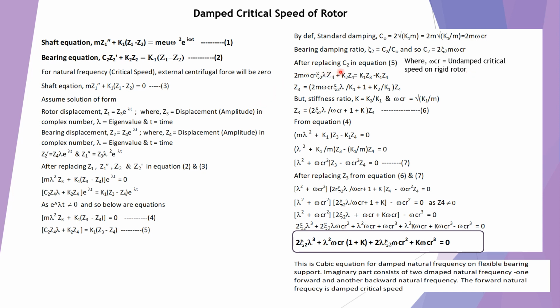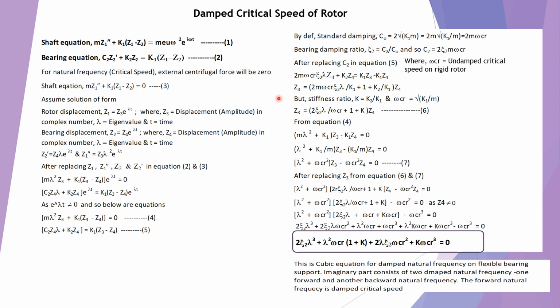After replacing, the bearing damping ratio ζ2 is equal to C2/C0, and so C2 is equal to 2 ζ2 m ω_CR. After replacing C2 in equation 5, we get 2 m ω_CR ζ2 λ Z4 + K2 Z4 = K1 Z3 − K1 Z4.